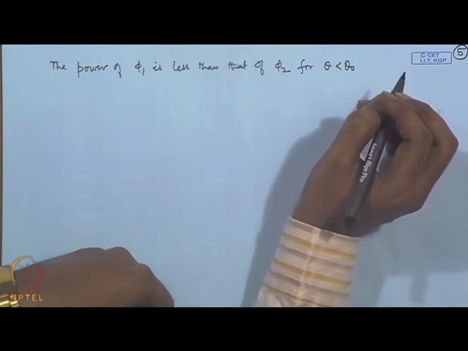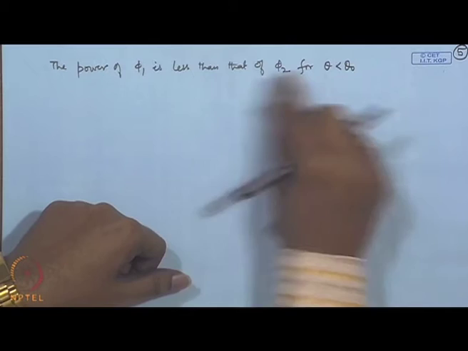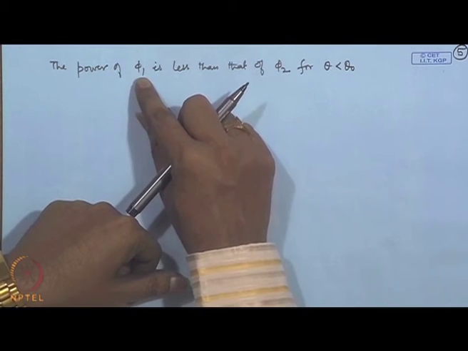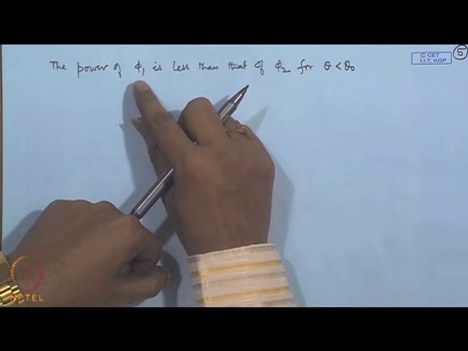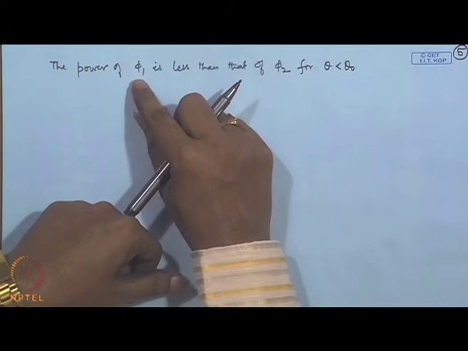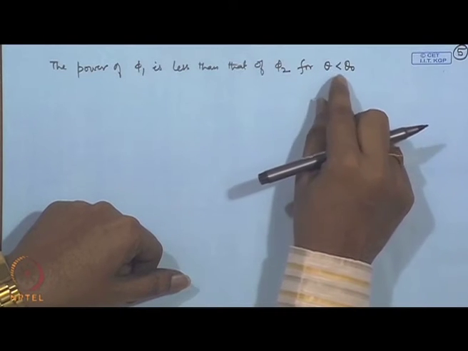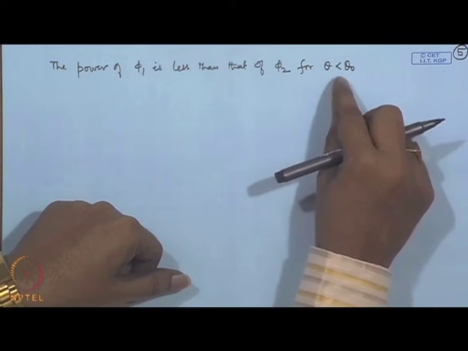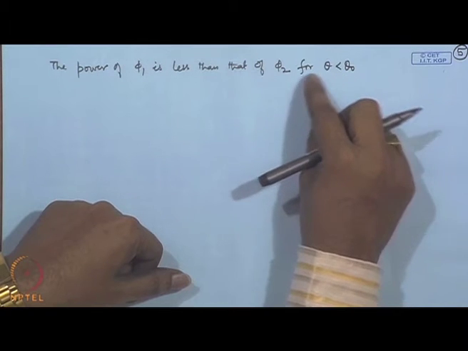Why? Because for theta less than theta naught, phi 1 is having the size, that is the level of significance or the probability of type 1 error, that is less than or equal to alpha. The maximum value is attained at theta equal to theta naught. So, the power function of phi 1 for theta less than theta naught is actually the probability of type 1 error, which is less than or equal to alpha.